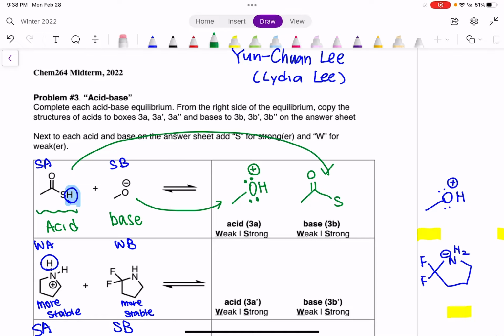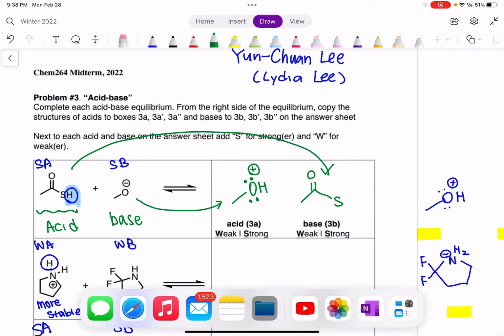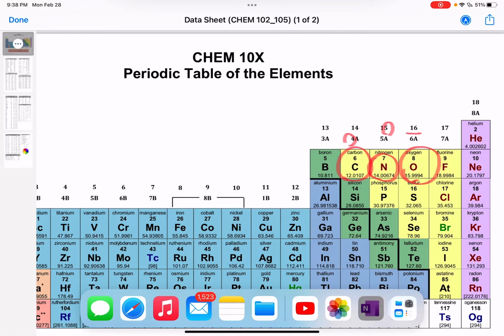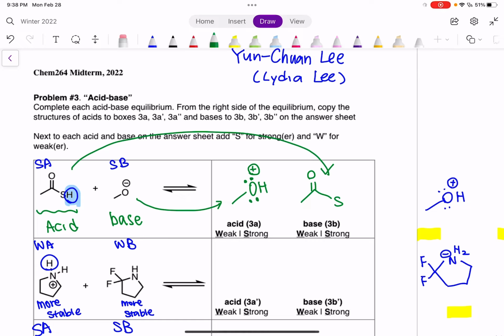Why? Because oxygen is in group 16. So if it's group 16, it would be 6 minus, there are 2 bonds, 1 here. So 2 minus 1, 2, 3, 4, minus 4 equals 0.